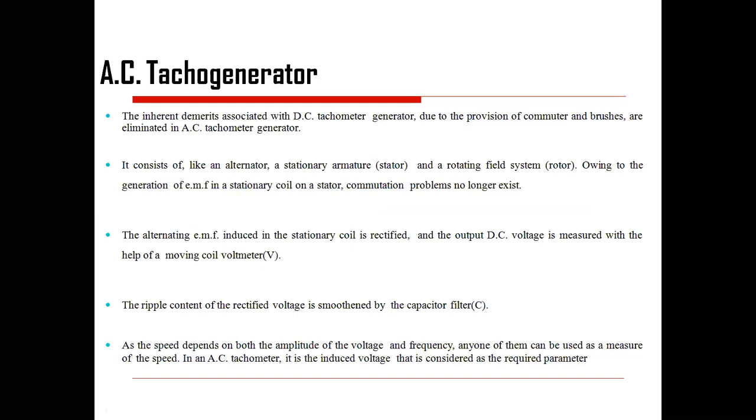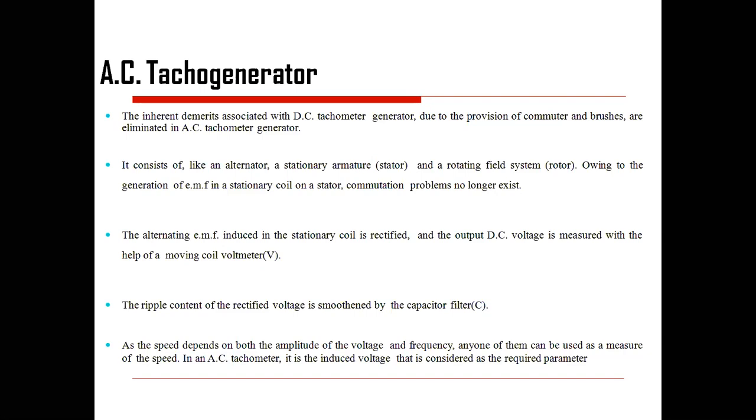Here the commutators and brushes are eliminated. It consists of something like an alternator. It is working as an alternator. It consists of a stationary armature that is called a stator. In a motor also, you may have studied in electrical, there is a stator, there is a rotor.